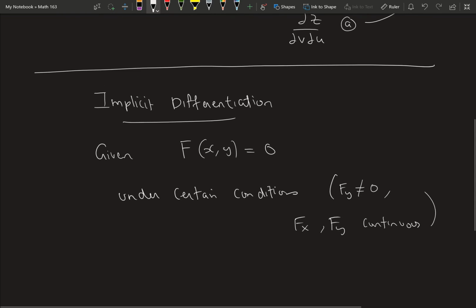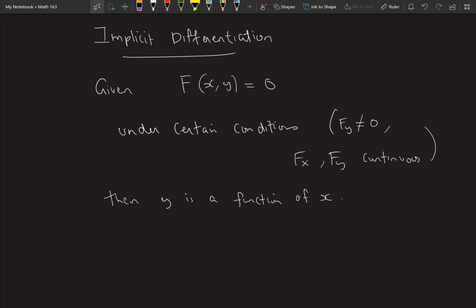If these are true, and we're usually centered at some particular point, there's a theorem called the implicit function theorem that says then y is actually a function of x near a particular point.